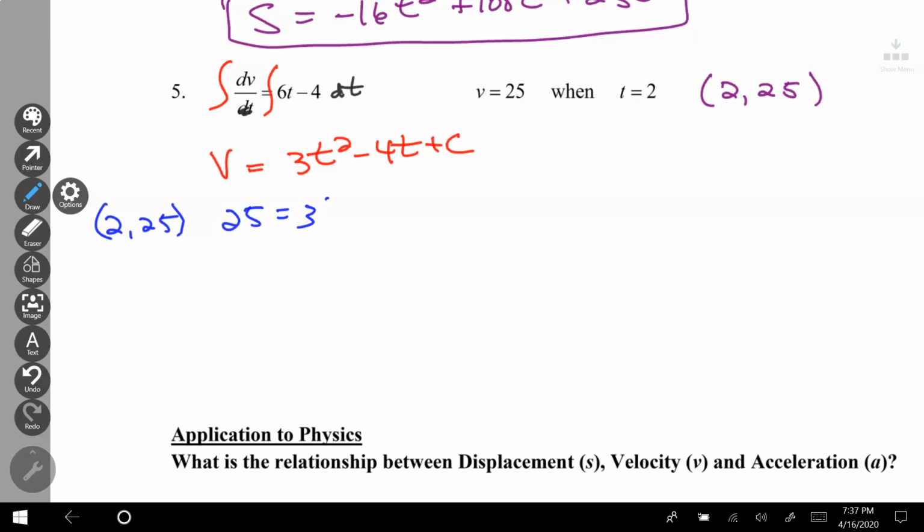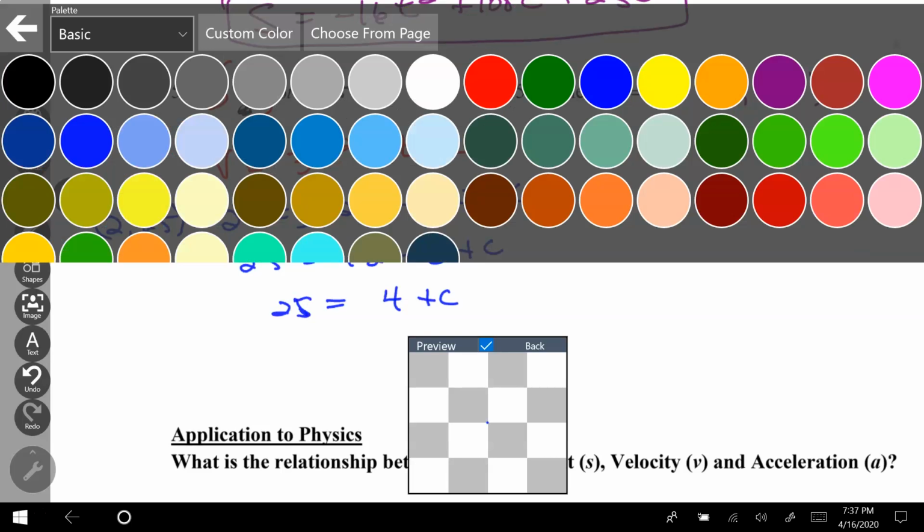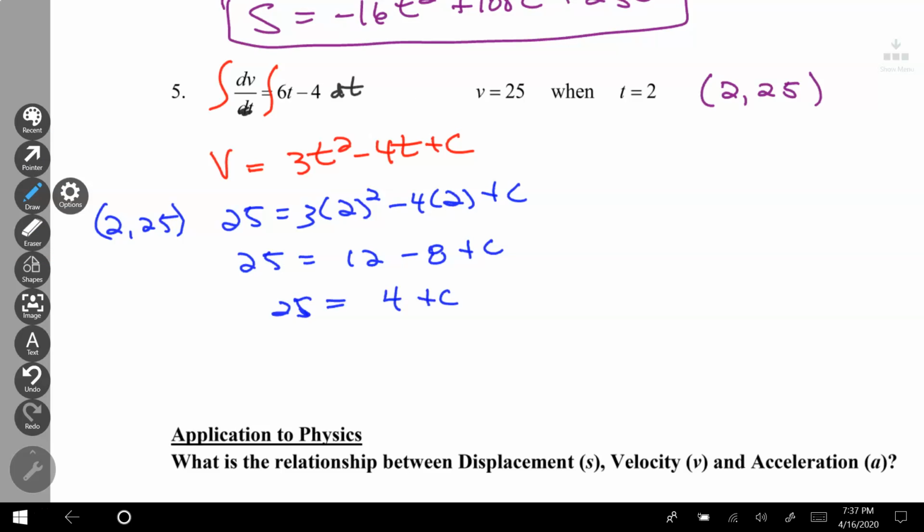25 equals 3 times 2 squared minus 4 times 2 plus c, or 25 is equal to 12 minus 8 plus c, or 4 plus c equals 25. And I get c is equal to 21.